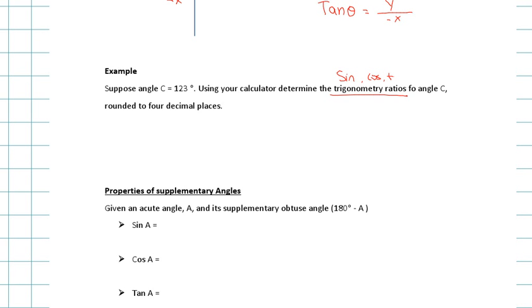Sometimes I would say the primary trigonometric ratios. Then it means the same thing. These are the primaries. So on the calculator, all you have to do is sine 123, cosine 123, and tan 123.